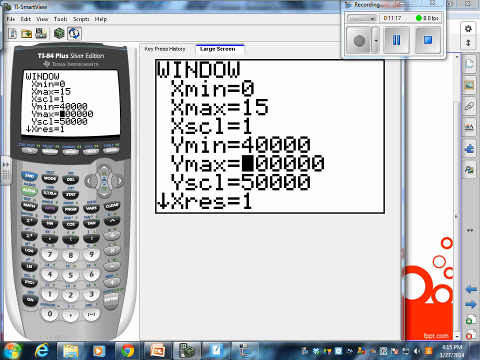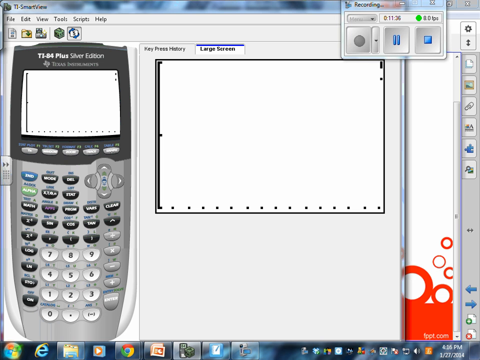And then my y max will be 6,000. Whoops, too many zeros. Let's take one off. And we'll count by thousands and graph.